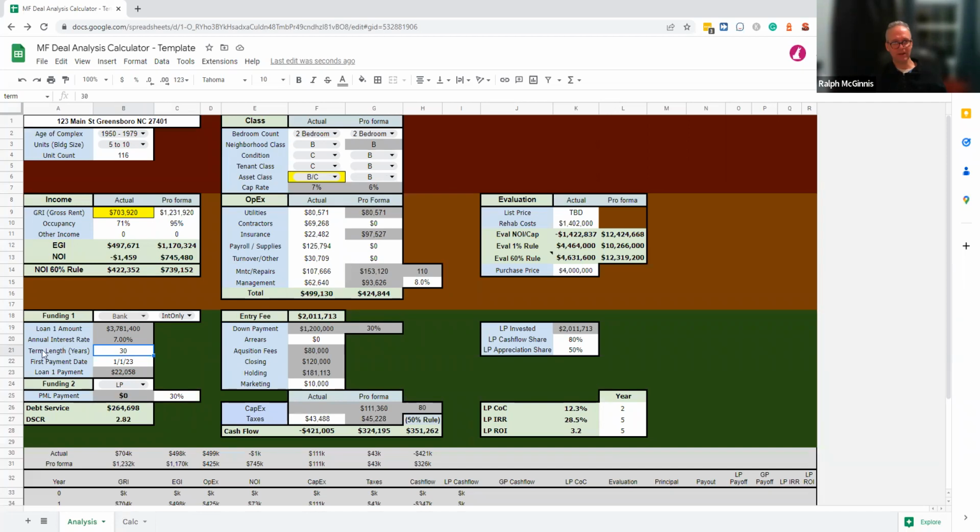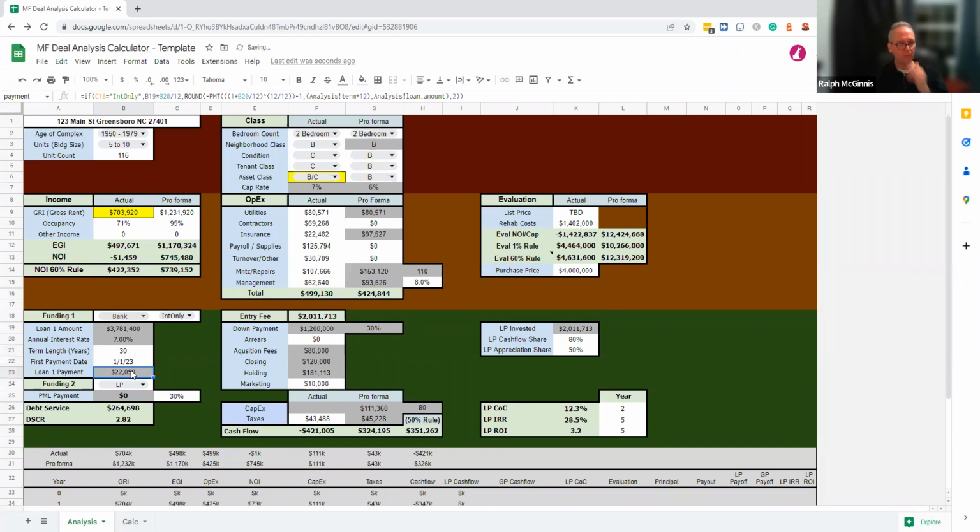So this here, the term length, that's the amortization schedule. So if it's a 30-year amortization, that's going to make a big difference in your loan payment. If it's much less, like let's say it's a 10 or 15-year amortization, then your loan payment will drop considerably.